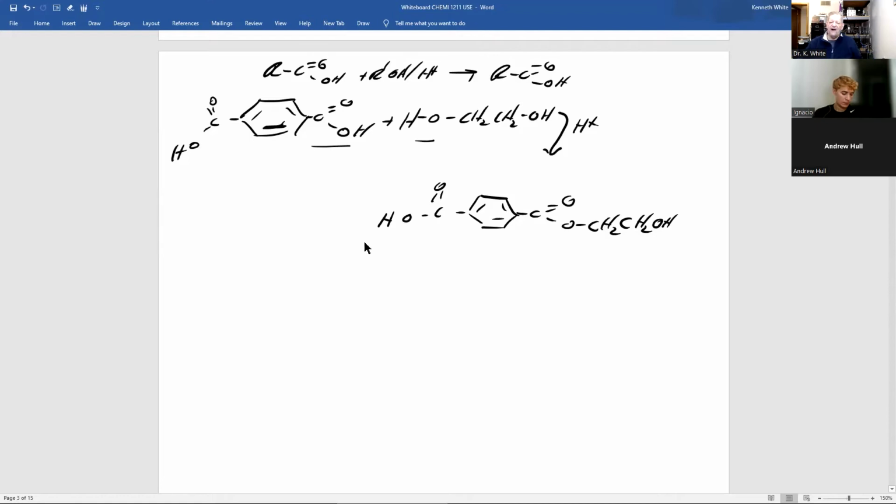you'll make this molecule. Now, if you have more ethylene glycol present, and acid, again, this carboxylic acid, this alcohol, will react in this same reaction to form another ester.